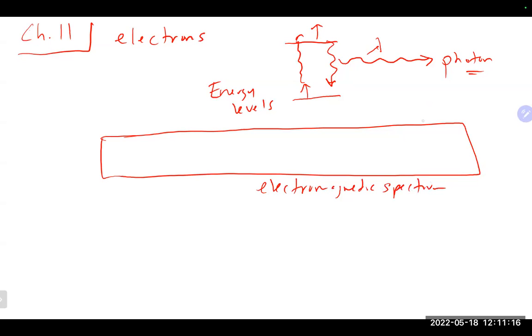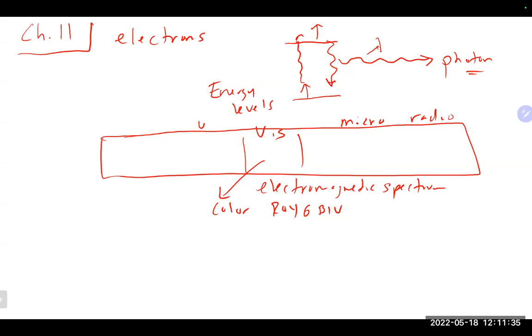where we had things like radio waves over here, some microwaves. We also have the visible part of the spectrum. That's where we see color. Right, or Roy G. Biv, right?